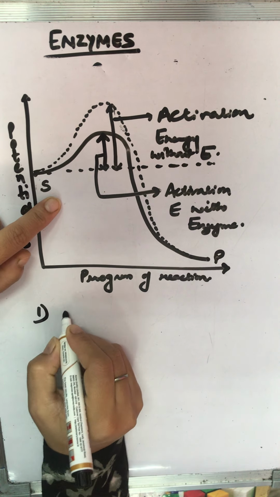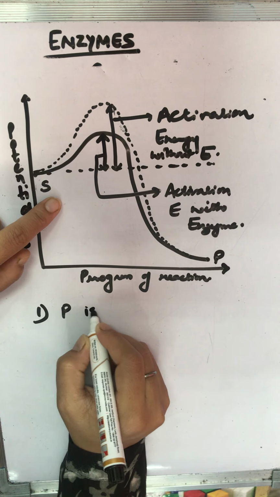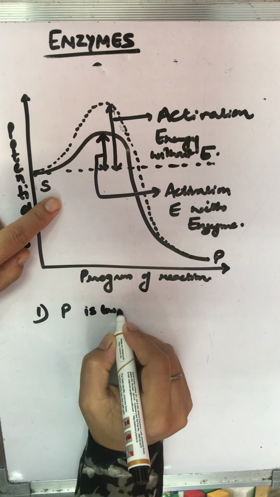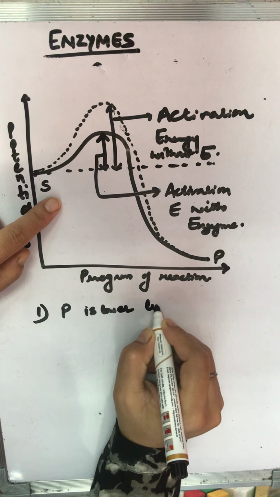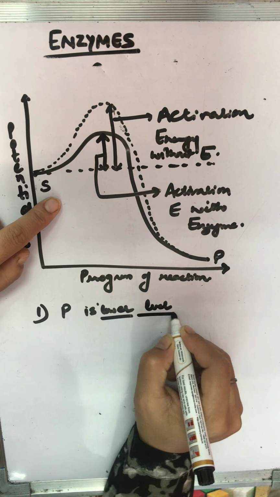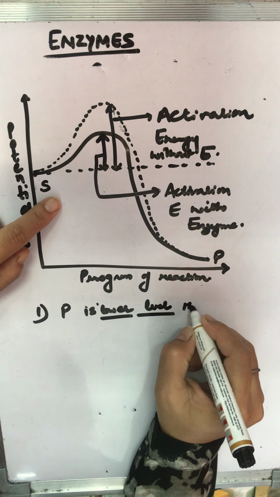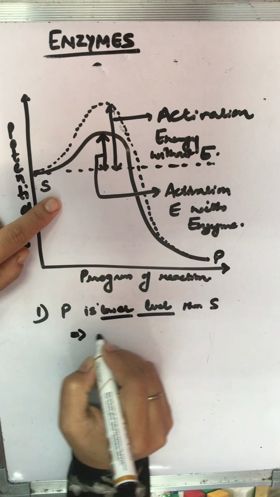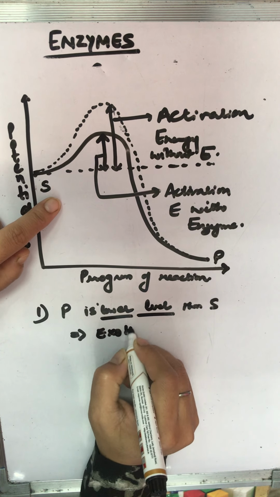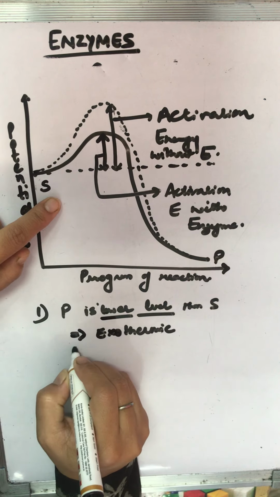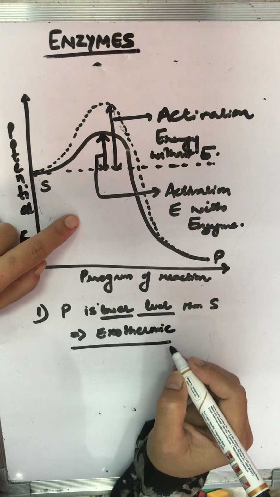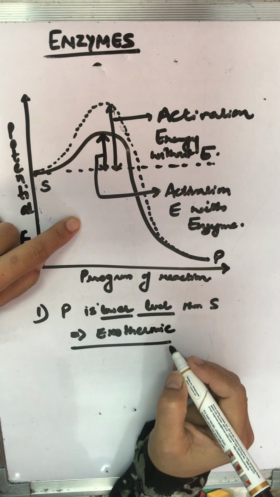Okay? If P, the product formation, is at a lower level compared to S, then the reaction is exothermic. We need not supply any extra source of energy.